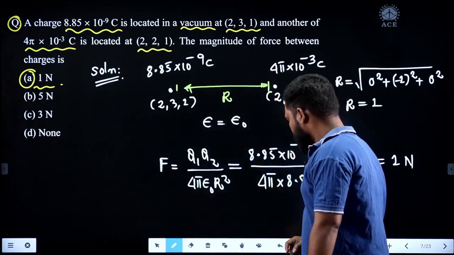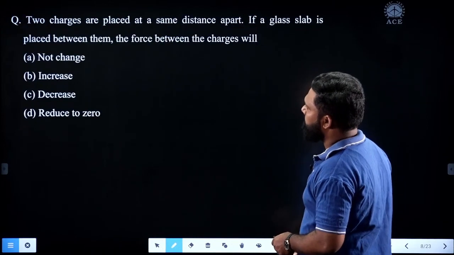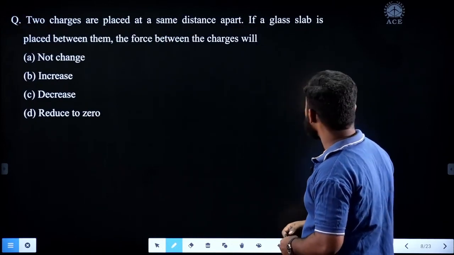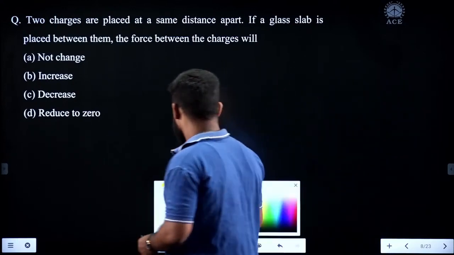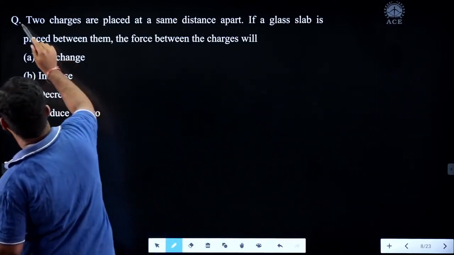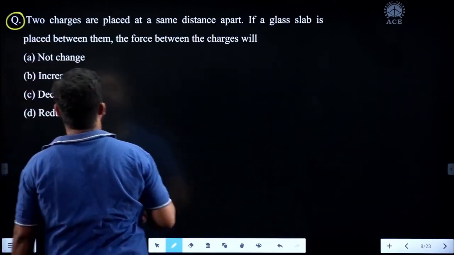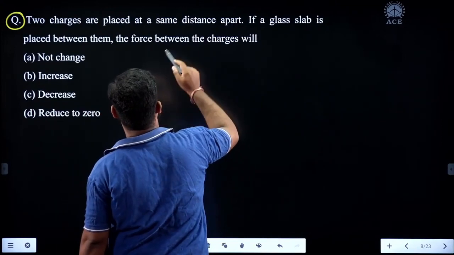Clear? Okay. Let us have one more question. Read out the question here. Two charges are placed some distance apart.